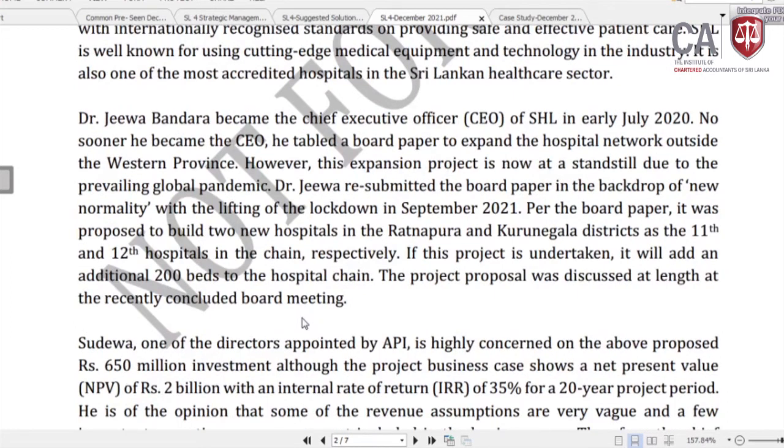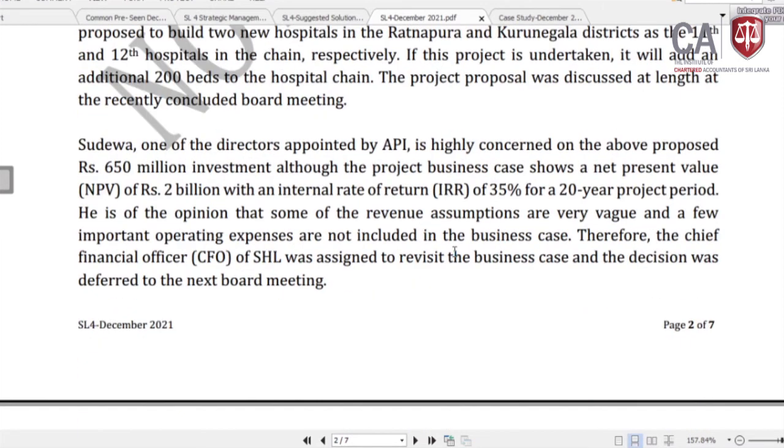Any weaknesses? Possibly, it is not easy to run a hospital. For example, maybe the doctors' bargaining power may be very high, which should be a weakness. Opportunity, yes, there are opportunities, because, right, there is a lot of demand for medical facilities, there should be an opportunity, especially in these two districts, maybe there are fewer hospitals.